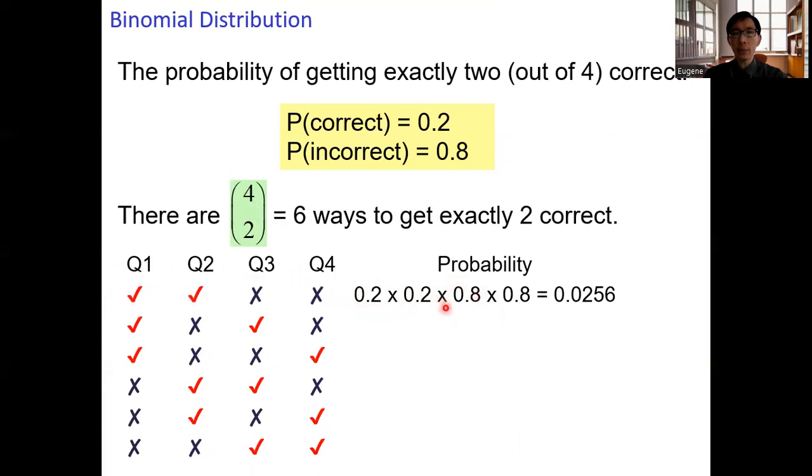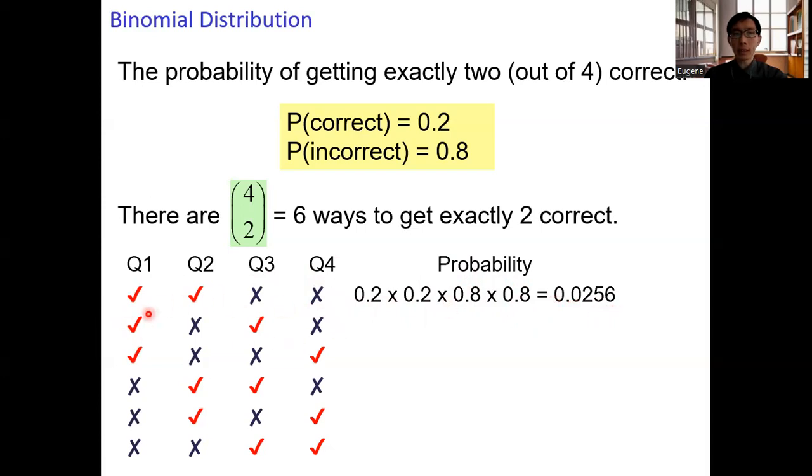And the factor 0.8 corresponds to the questions answered incorrectly, question 3 and question 4. Upon calculation, the probability of getting question 1 and question 2 correct, but question 3 and question 4 incorrect is 0.0256.